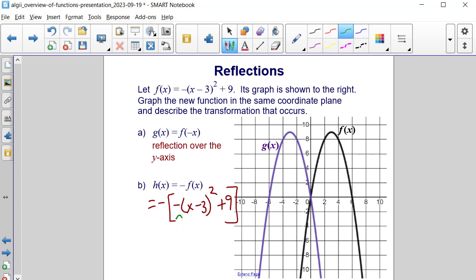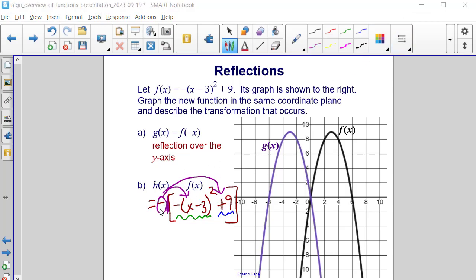We have this first one right here, and we have this term right here. So we need to take this negative that is out in front, and we need to distribute it to both terms because there's this hidden -1.